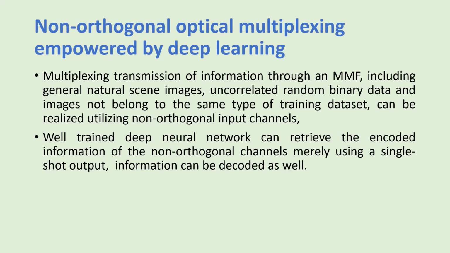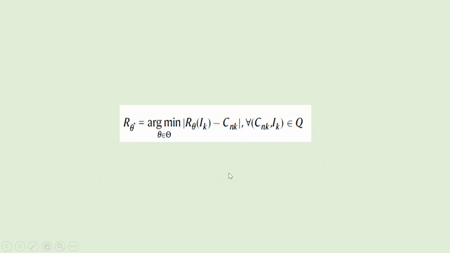And then that information is convolved, and then other classification algorithms are applied on that. So a well-trained neural network can retrieve encoded information from non-orthogonal channels by merely using short output information that can be decoded as well.